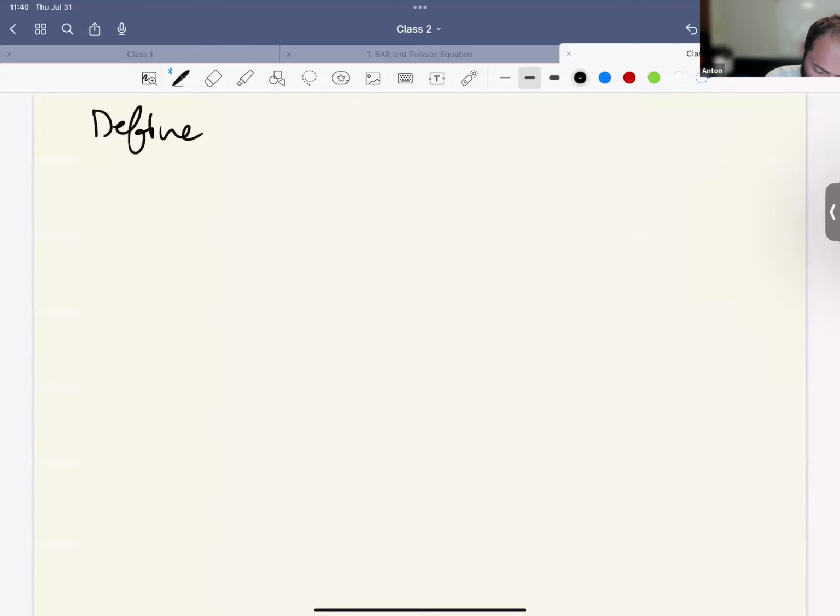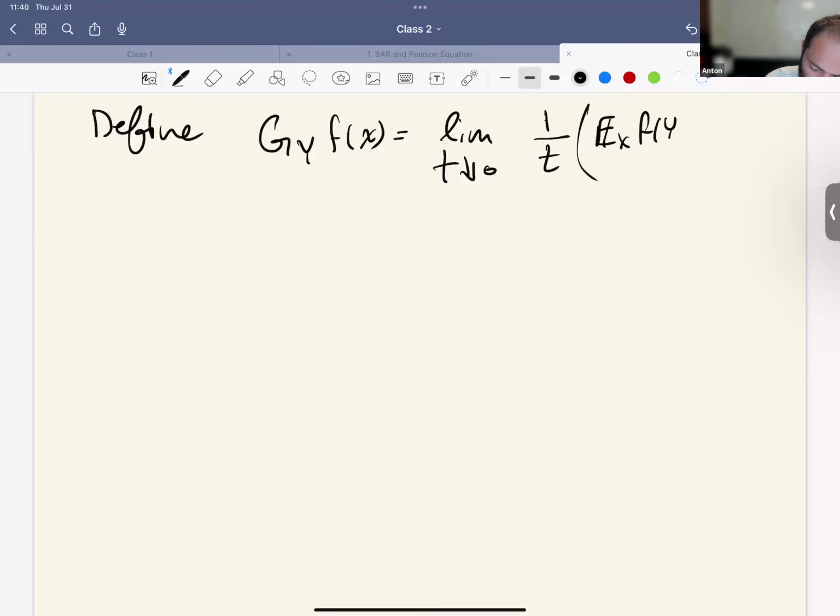Define the generator G_Y as the standard limit, 1 over t, expected value of f(Y(t)) minus f(x).